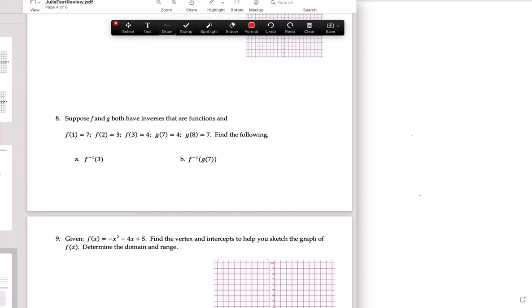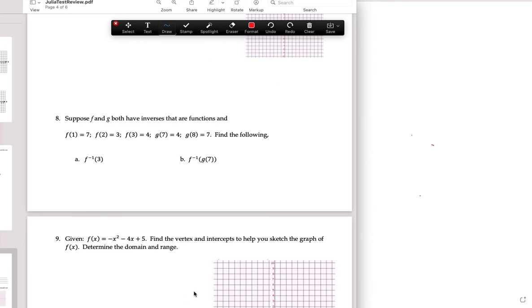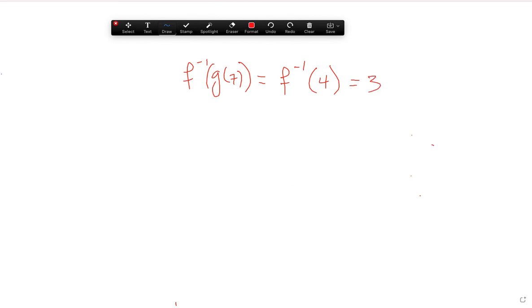So if you plug in g of 7, you have that info. What does it say it is? Oh, 4. So now what we have is f inverse of 4. Make sense? Yeah, so then it would be 3. Yes. Bingo. Good job. Excellent.